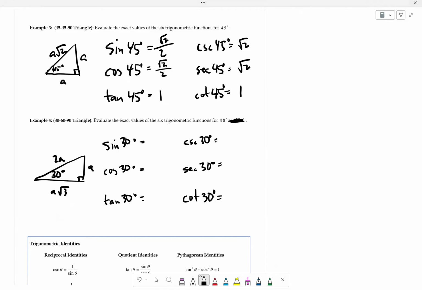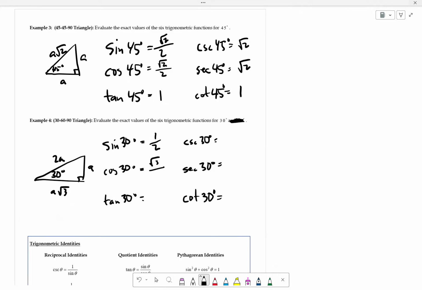Okay. Live. Bad partners. Sine of 30 degrees. Did you get all of these already? No. Okay, let's see what you got. Sine of 30 degrees. 1/2. Okay. How about cosine 30?